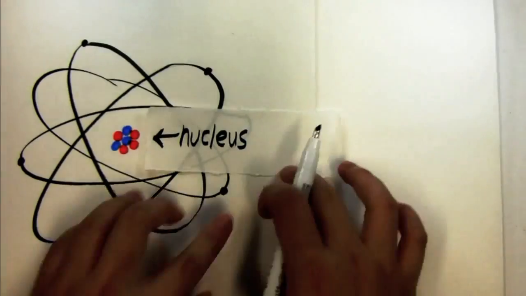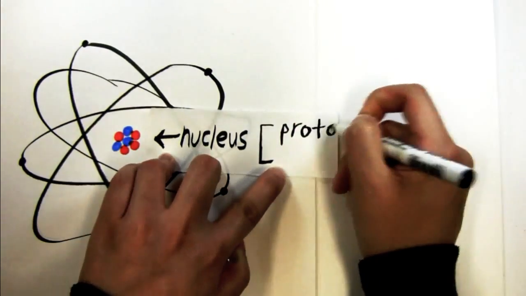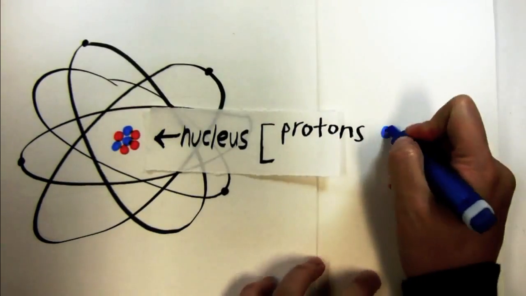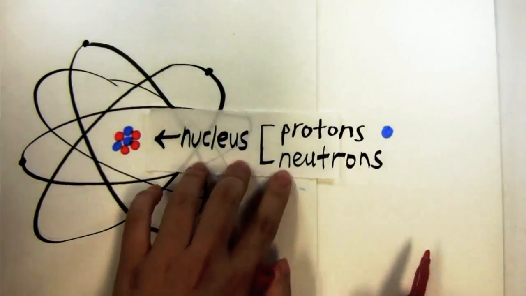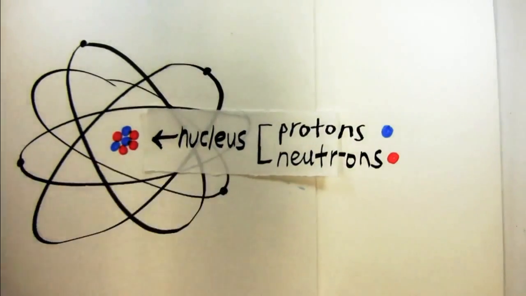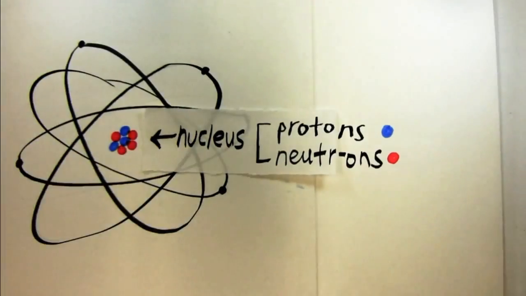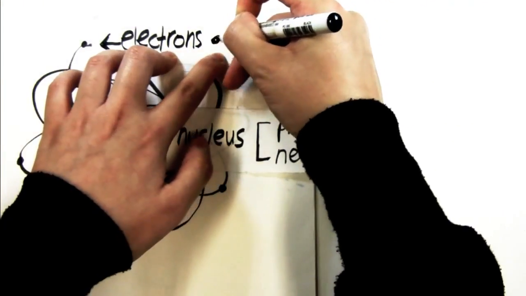Now, in the center of the atom, we have the nucleus. It is made up of two types of particles: protons, represented by blue circles, and neutrons as red circles. And around the nucleus, we have black circles which represent electrons.